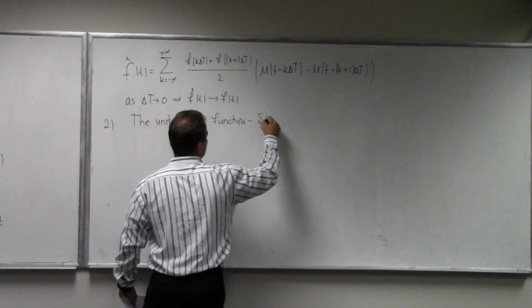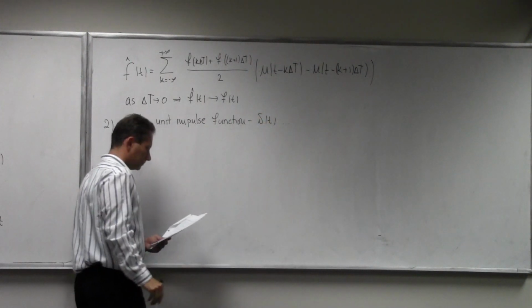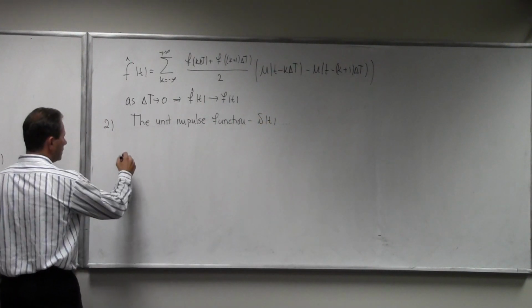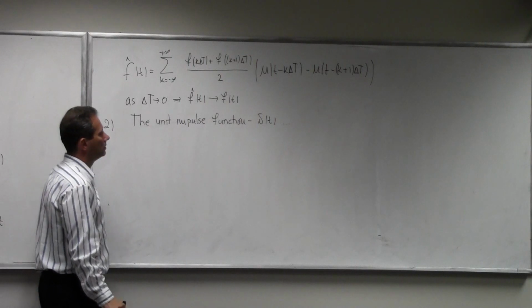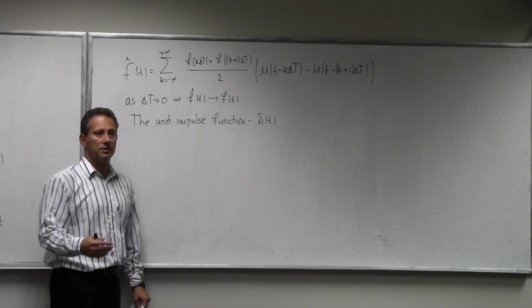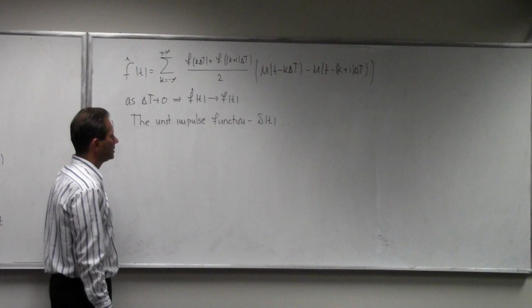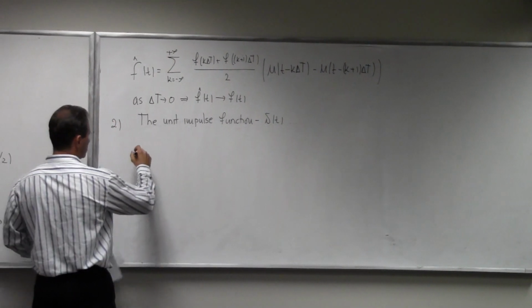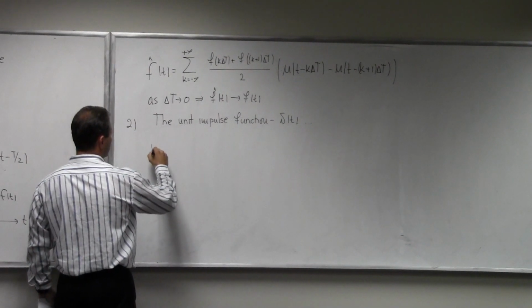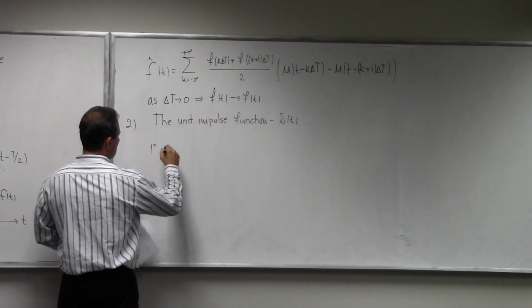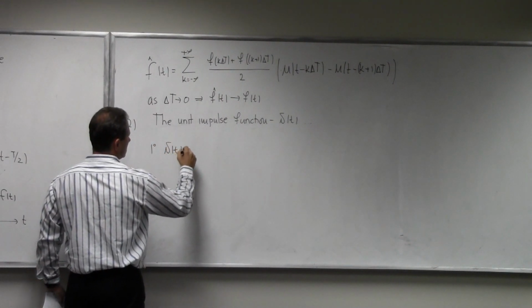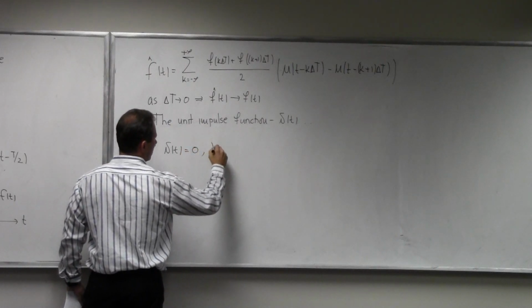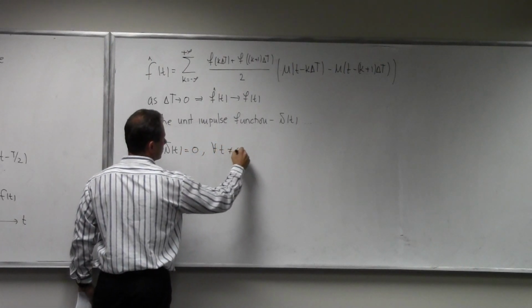Or the famous delta of t. Delta of t is also kind of a constructed function. It is defined, and there are three parts to its definition. So how do we define delta of t? First thing that we say is delta of t is equal to 0 for every t different than 0.